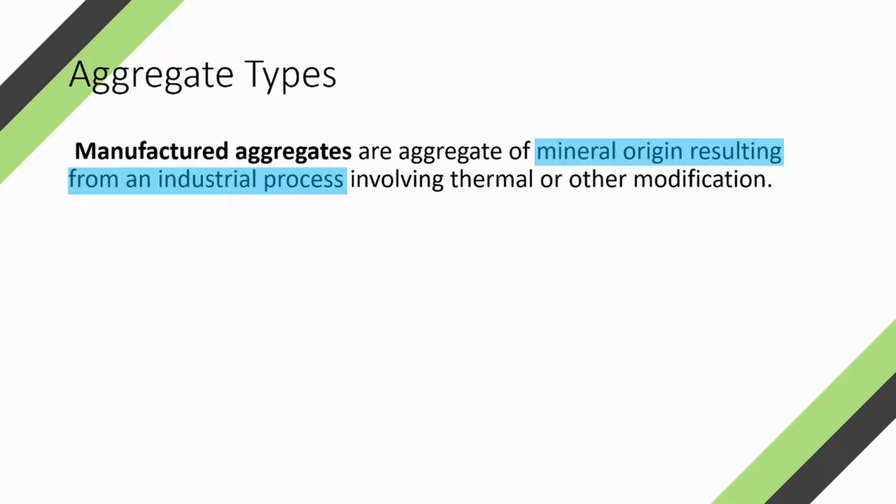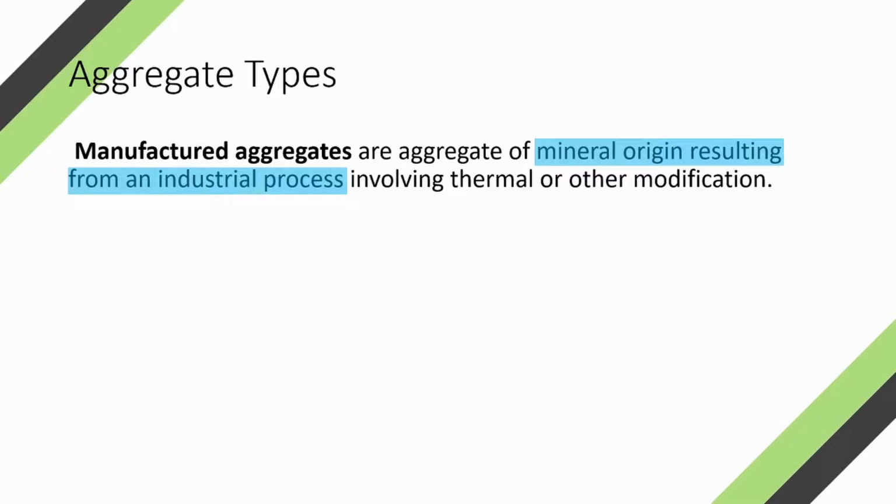So, excluded dito yung mga crushing kasi wala namang thermal modification doon. Pinapalitan lang yung size ng ating aggregate. Included sa ating mga example ng manufactured aggregates is yung ating blast furnace slag, clay, shale, and yung ating mga lightweight aggregates.